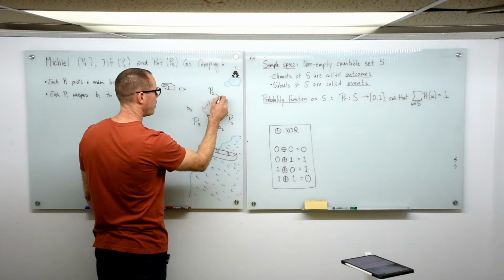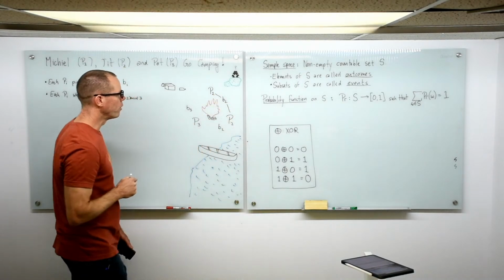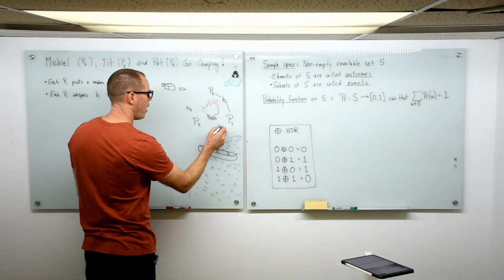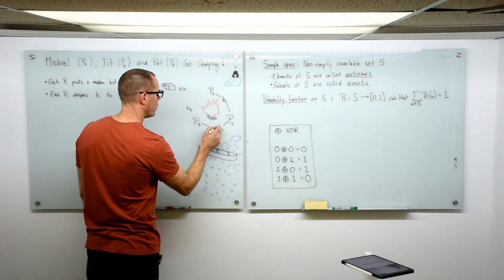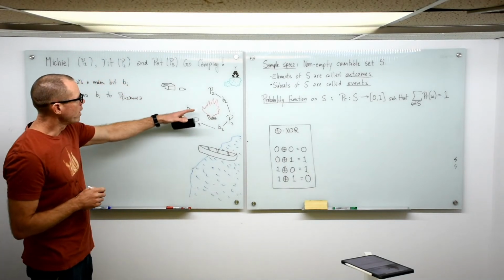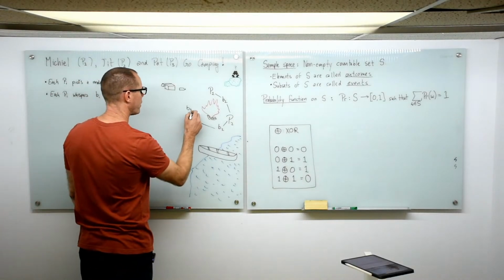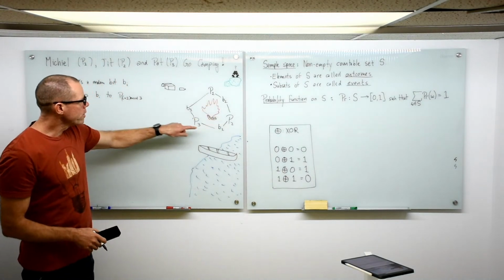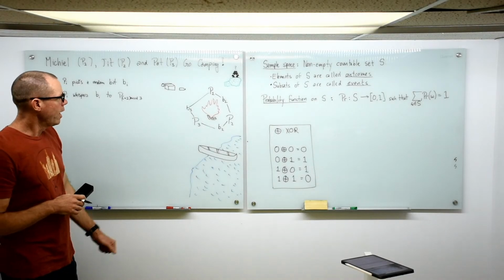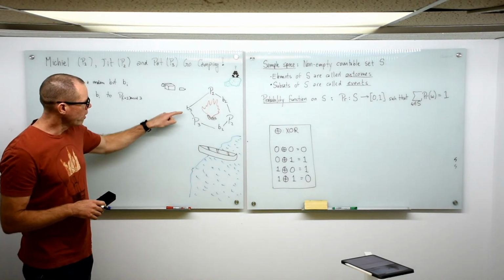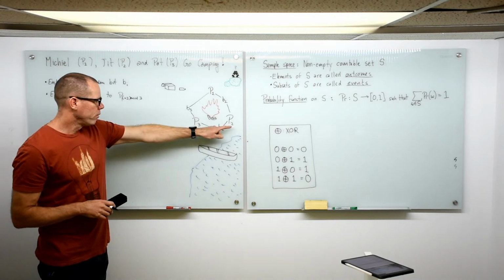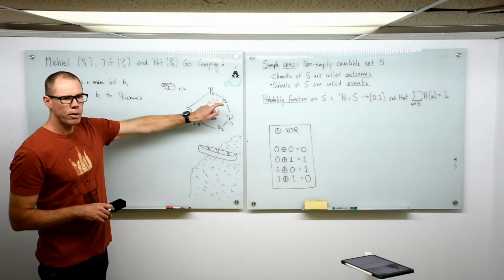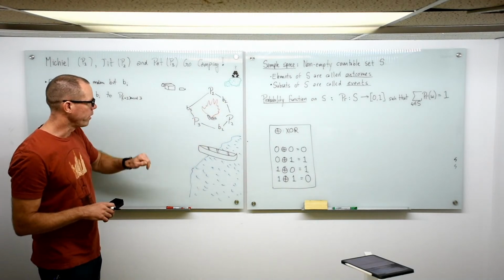So that means that P2 now knows the value of B1, and so does P1, because P1 is the one who created it. P2 tells the value of B2 to P3, and P3 tells the value of B3 to P1. So this little picture here shows the three players, P1, P2, and P3, and the 3 bits, and the edges here mean that player i knows bit j. So P2 knows B2 and knows B1 also, but not B3. Okay?